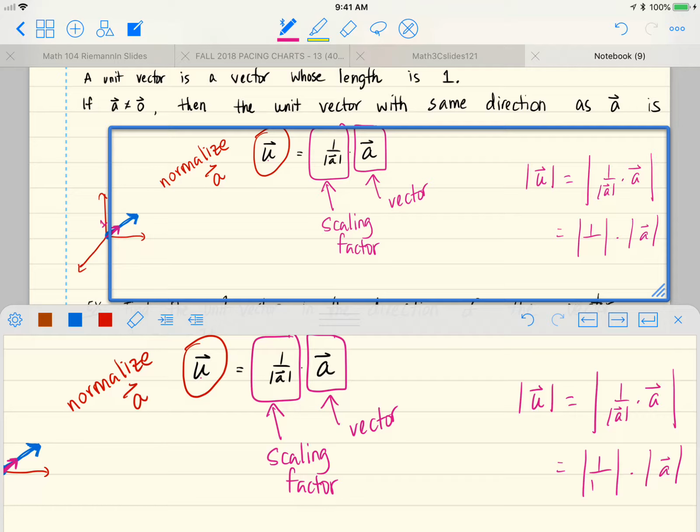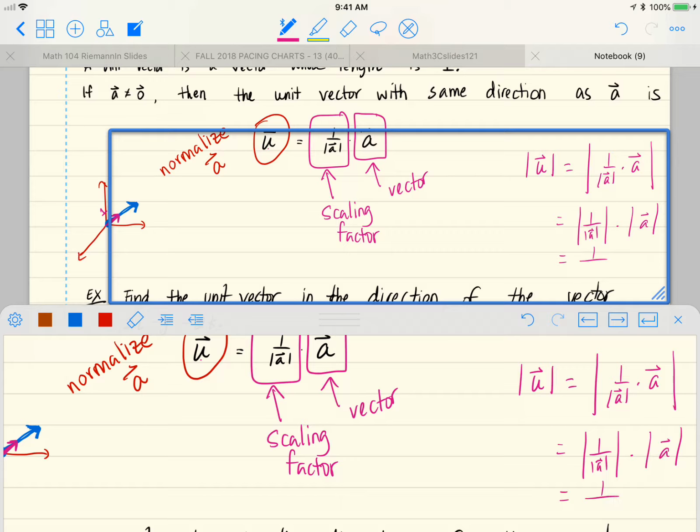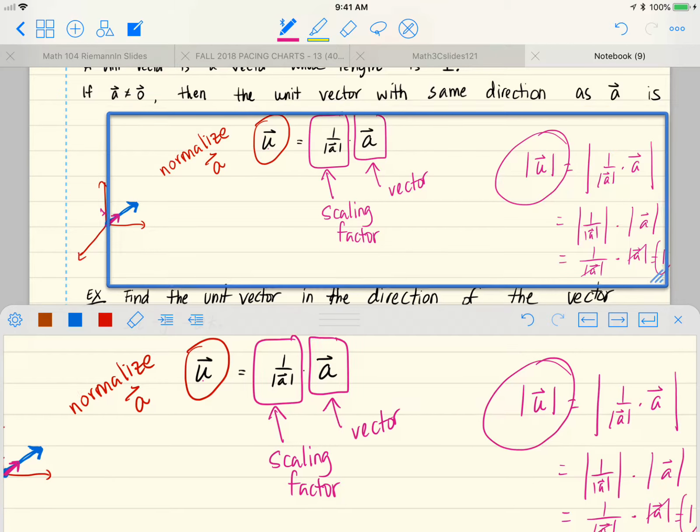So it'll be 1 over that, right? But this is just going to be 1 over the magnitude of our vector times the magnitude of our vector. Those cancel out and we just get 1. So the length of u is equal to 1, which means it's a unit vector. And u is going to be parallel to A because u is a scalar multiple of A.